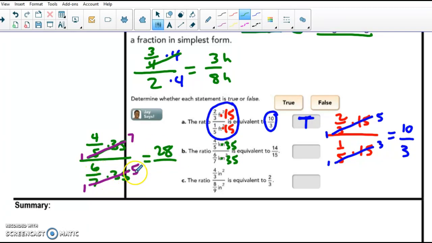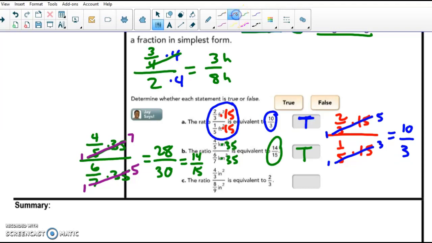In my denominator, I have 6 times 5, which is 30. However, I see two even numbers, so these could certainly be further reduced. If I divide top and bottom by 2, I end up with 14/15, which is what I was checking to see if it was equivalent to in the first place. So this one's also true.